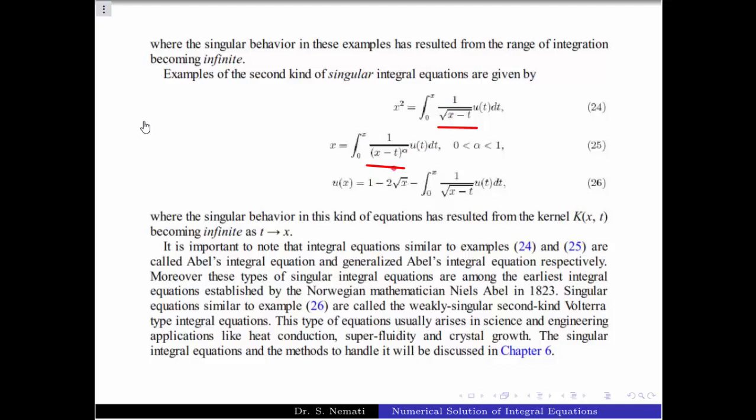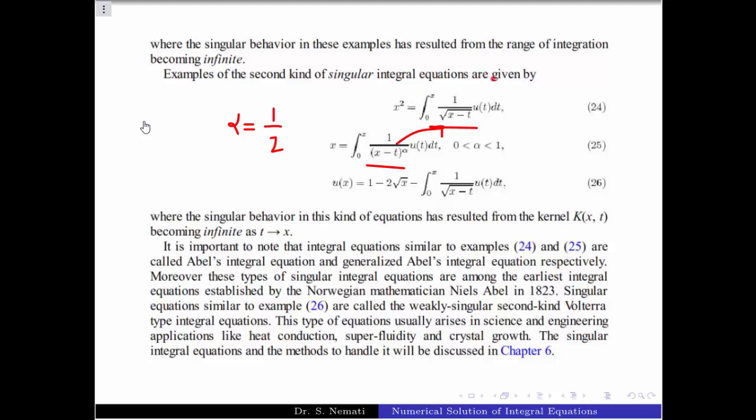of the second one, because when you consider alpha equals 1/2, this kernel will be 1/√(x minus t). So the second kernel actually gives the first kernel when we put alpha equals 1/2.